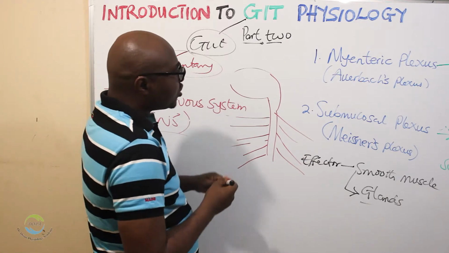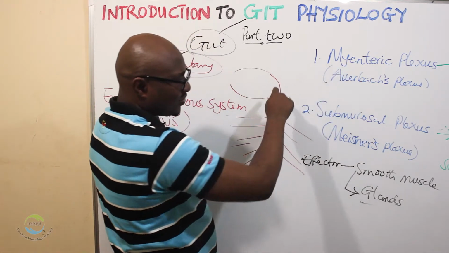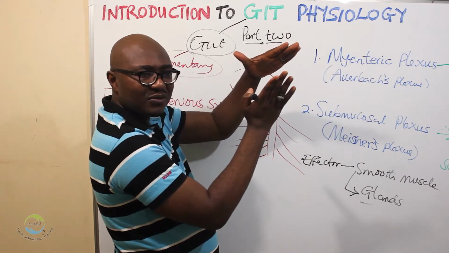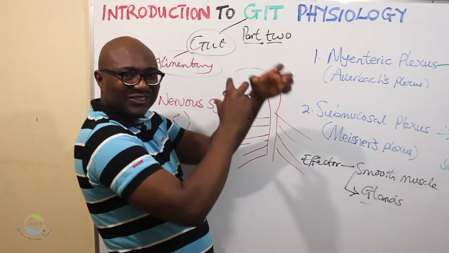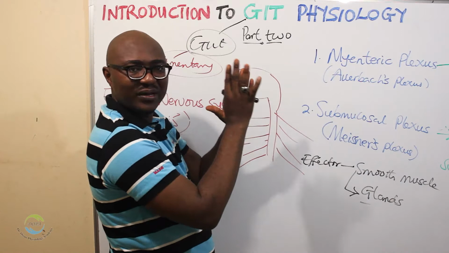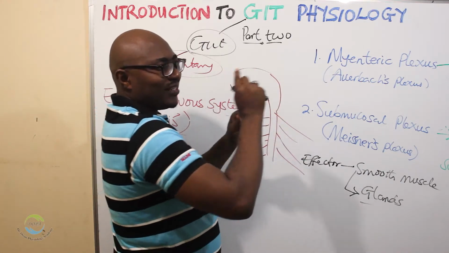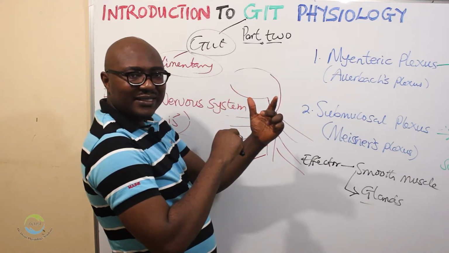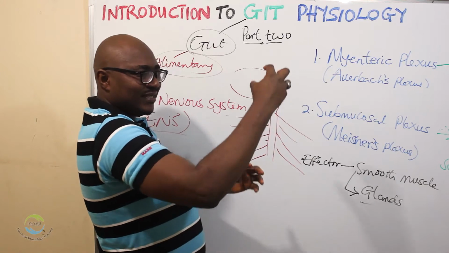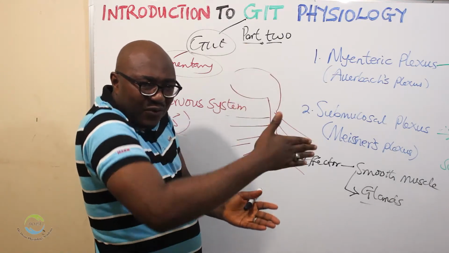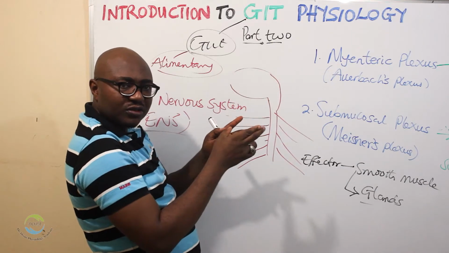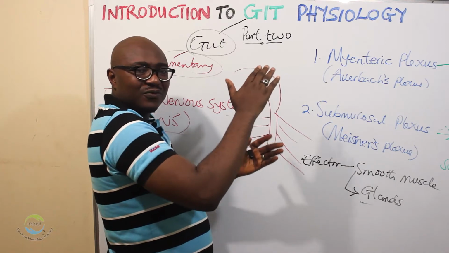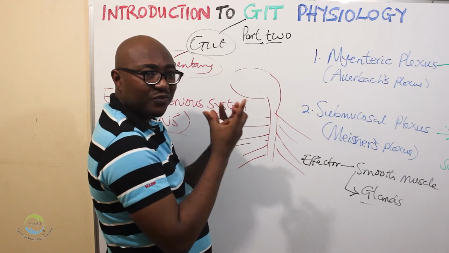So this myenteric plexus, look at it. It's located in between two different types of muscles, so it controls the actions of those muscles in a very sophisticated way. Sometimes when it's making one muscle type contract, it is inhibiting another type. Sometimes when it's making the muscle before the food contract, it will make the muscle after the food relax.